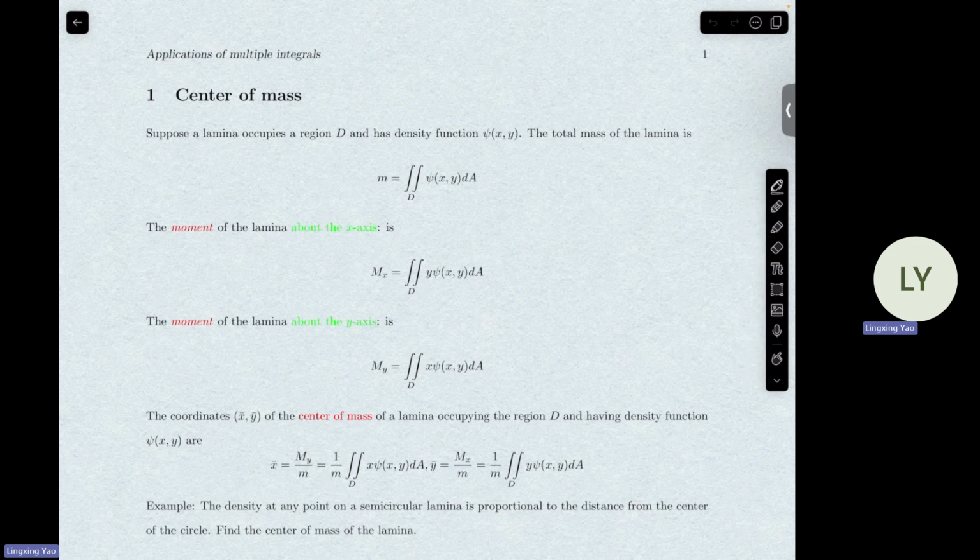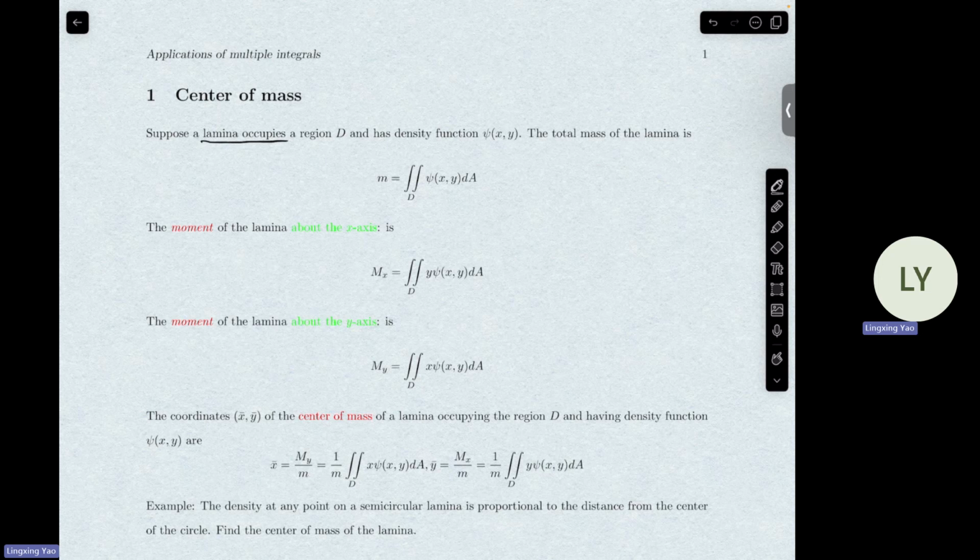Suppose a lamina occupies a region D. You can think of this as a two-dimensional object, and we want to smash it completely into one plate so that it does not occupy any thickness. This is definitely an idealized discussion, and we are just using it as a first approximation.